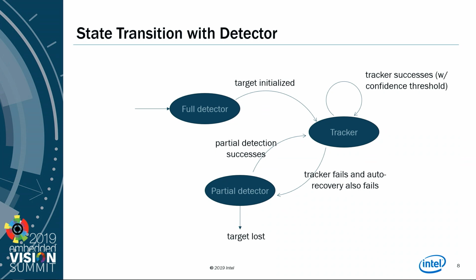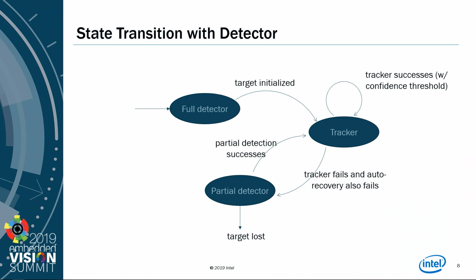This is a typical state transition diagram when you want to combine the detectors with the trackers. Maybe we can start with the full detection at the very beginning of the frame to initialize the targets. Once the target is initialized, it sends the information to the trackers so that trackers can keep track of the object and update the position with their own confidence threshold mechanism.